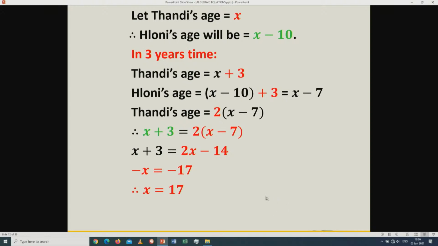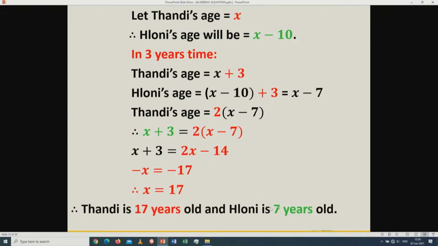So as we speak, Thandi's age is 17. What will be Hloni's age? Hloni's age will be 7. Yes, Thandi is 17 years old and Hloni is 7 years old.